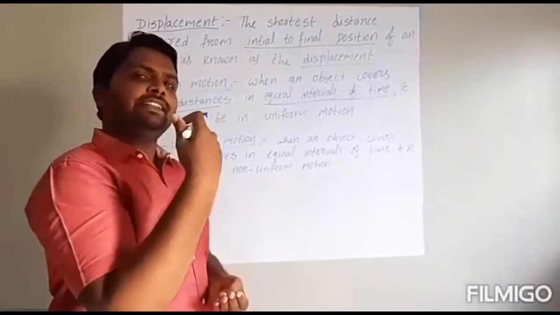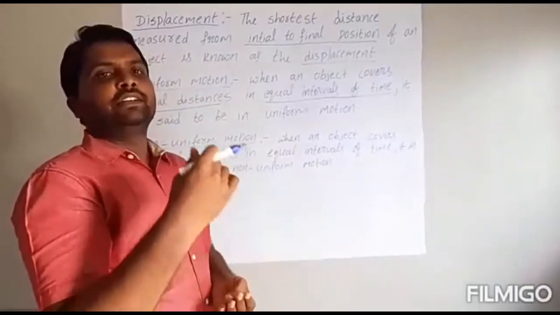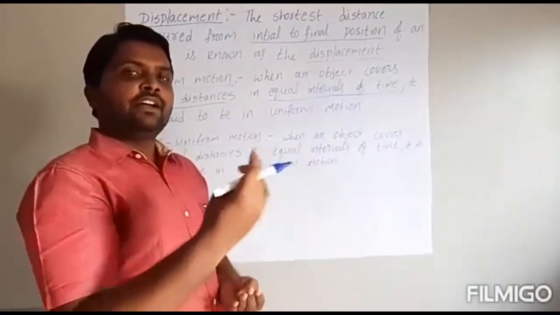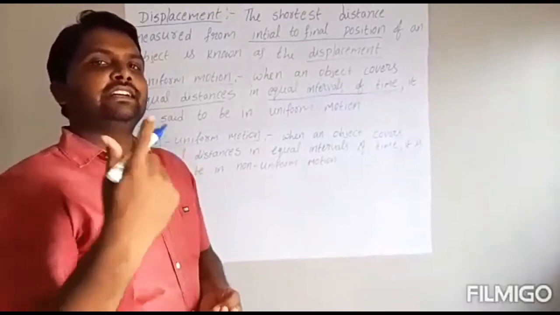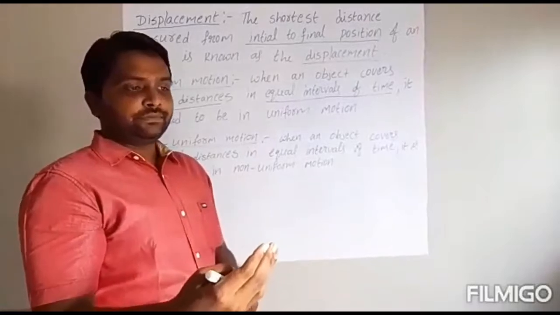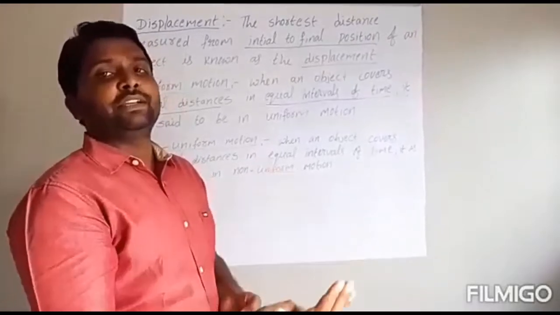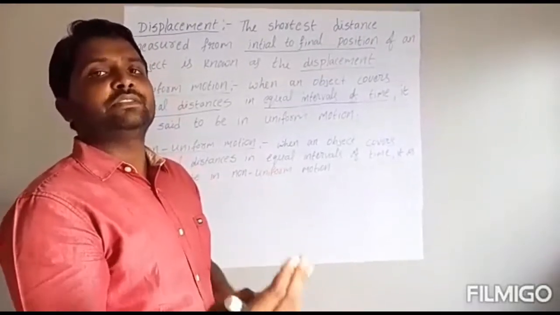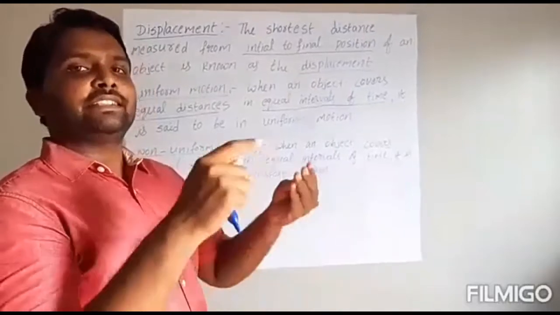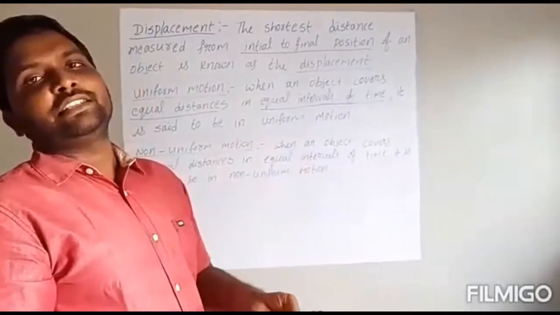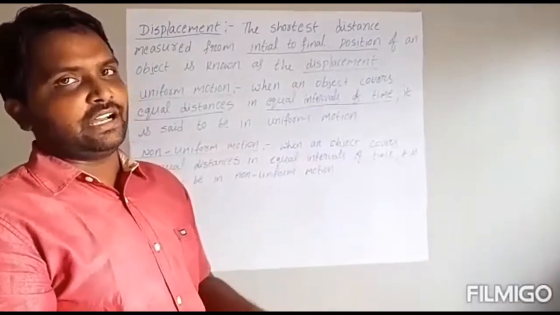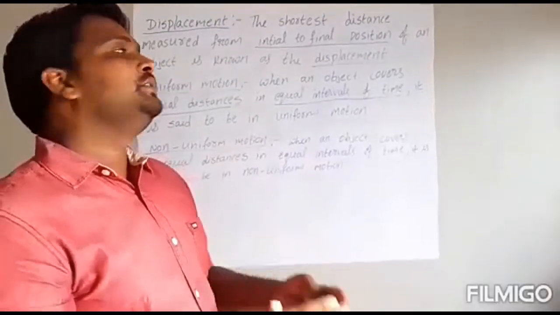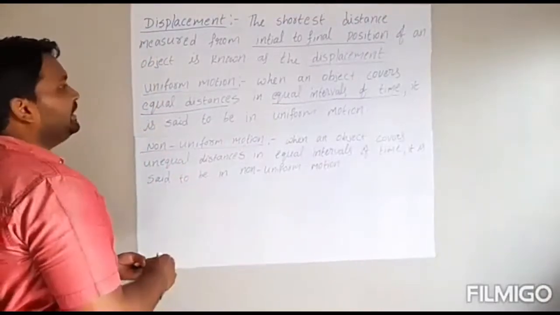Next, in the same time it will again cover 5 kilometers in 5 minutes, and after that, in the third interval also, 5 kilometers. 5 kilometers for 5 minutes, like that it will take the same time and same distance. That is called uniform motion.